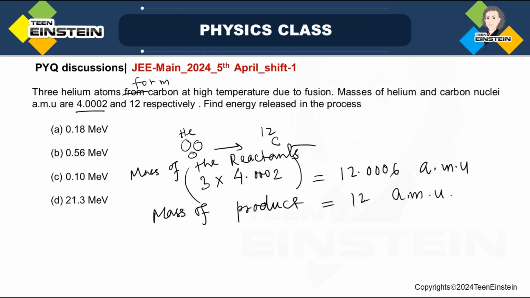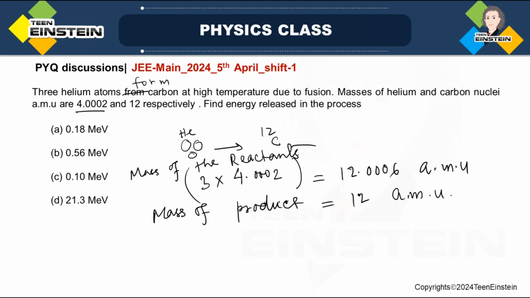So from here, what I can say is there is a loss of mass, some extra mass which has vanished. But mass cannot vanish, right? So there is a mass energy conservation.